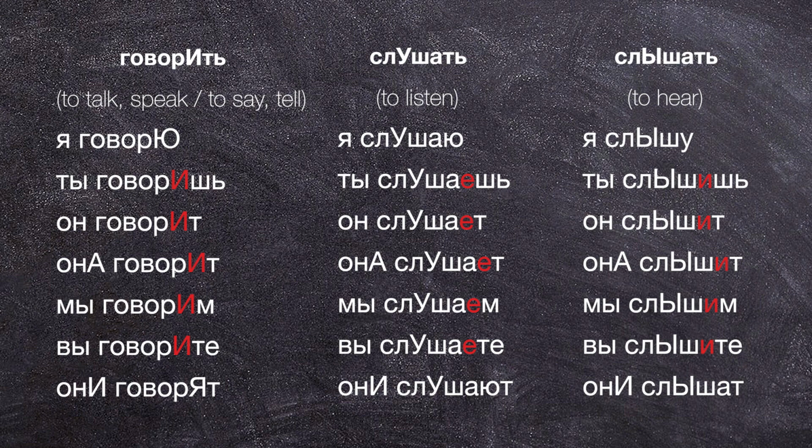You can also see that you spell ё in some endings, and in others you spell е. It's important for the right spelling, but guess what? In most cases, it sounds the same. Ты говоришь, ты слушаешь, ты слышишь.